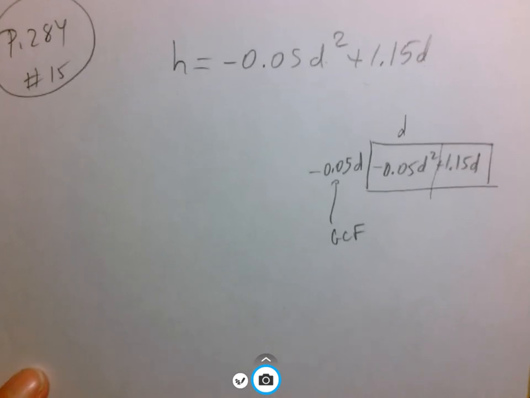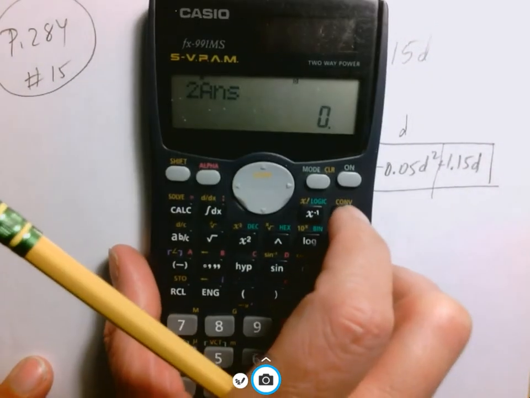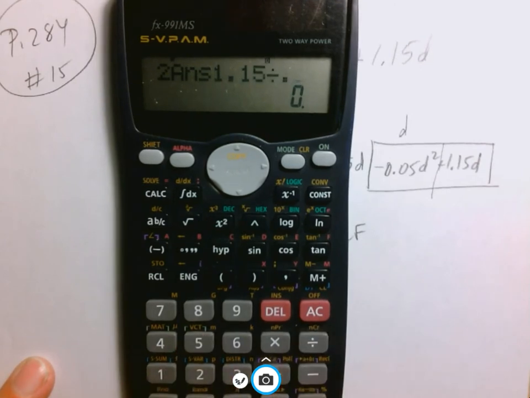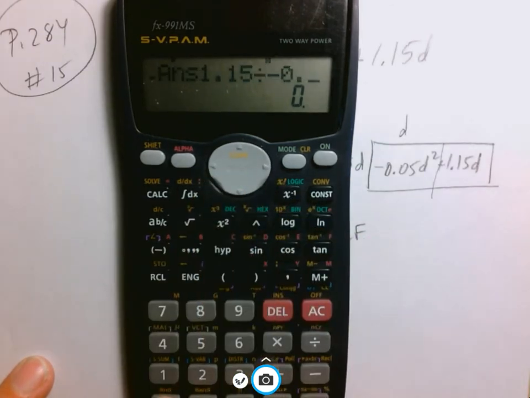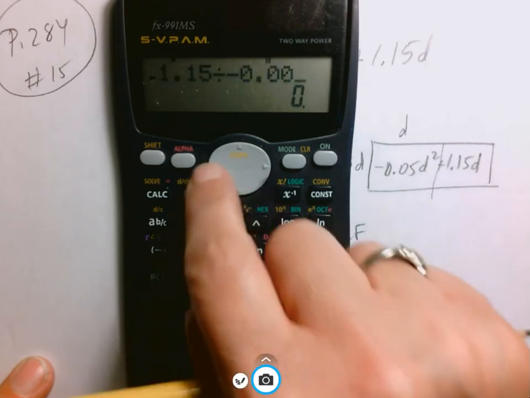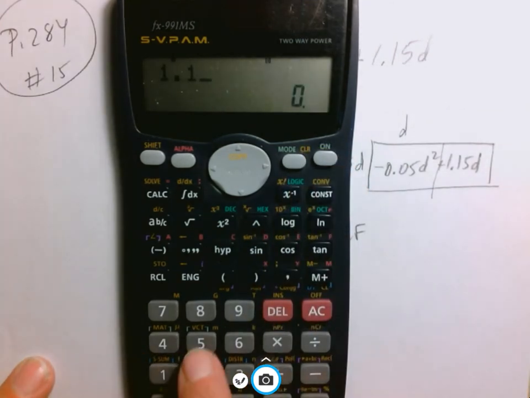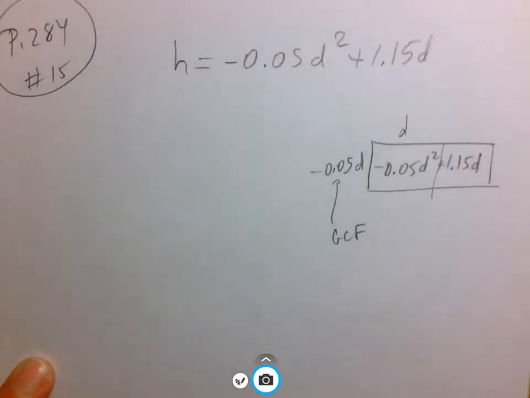So all we have to do is divide the number part. 1.15 divided by negative 0.05 is negative 23.